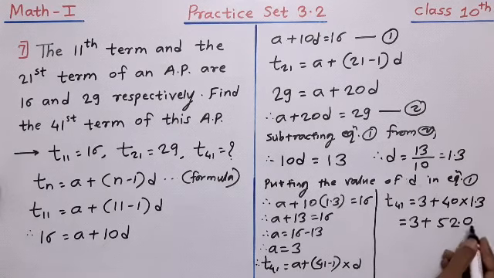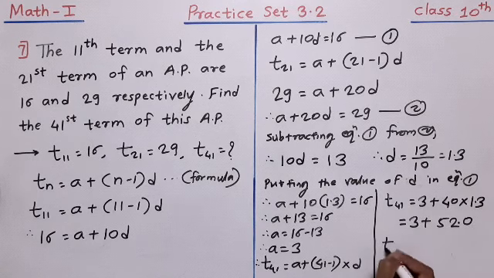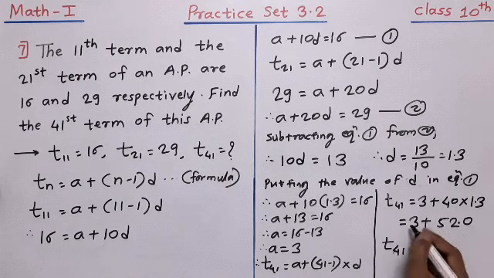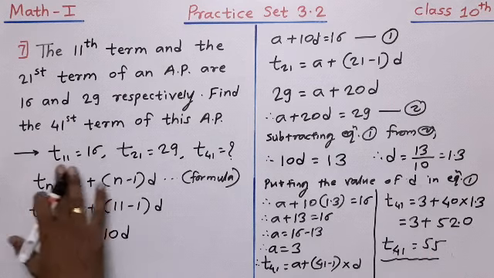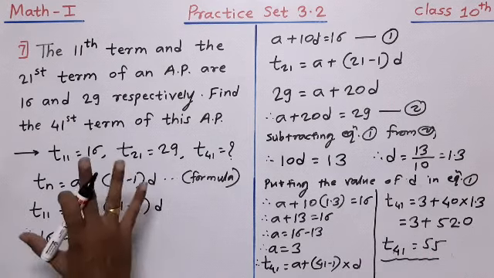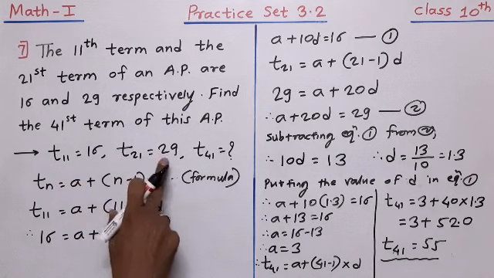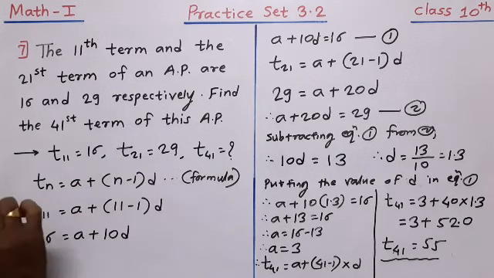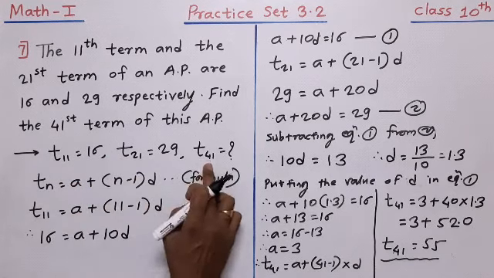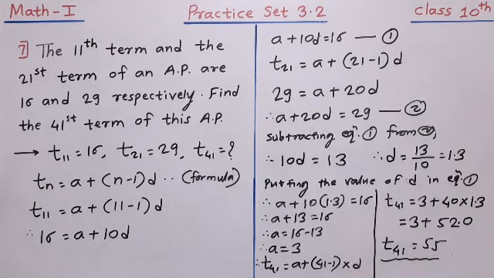It means 52.0 means 52, and 52 plus 3, T41 is equal to 55. So this is the 41st term of the given AP. Means such an AP whose 11th term is 16 and 21st term is 29, its 41st term is 55.